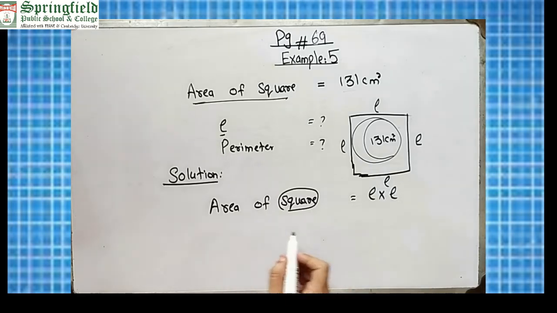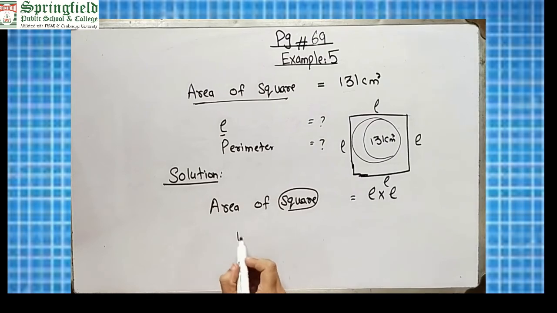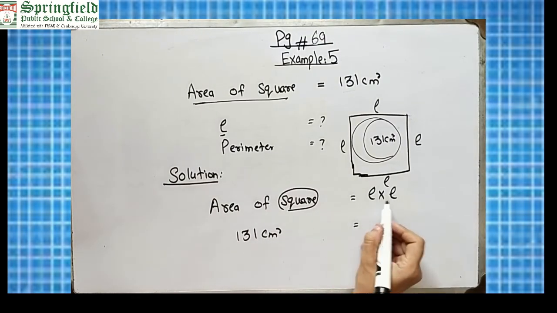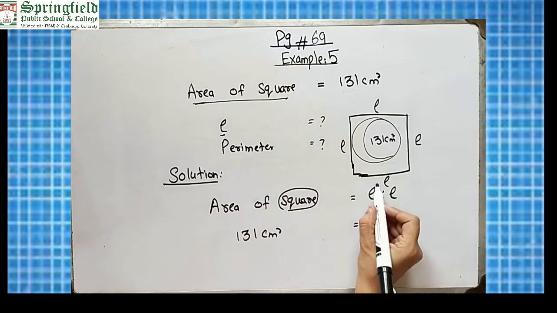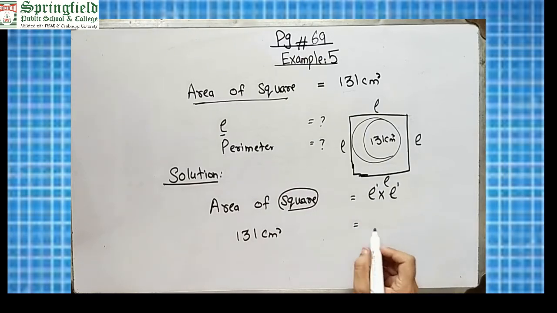Fine. So area of square is given. So 131 centimeter square is equal to length multiply length. The bases are the same, so the powers will add: length, length, so power will be 1 plus 1, 2. And here we are finding just L. So how can we remove the power 2?